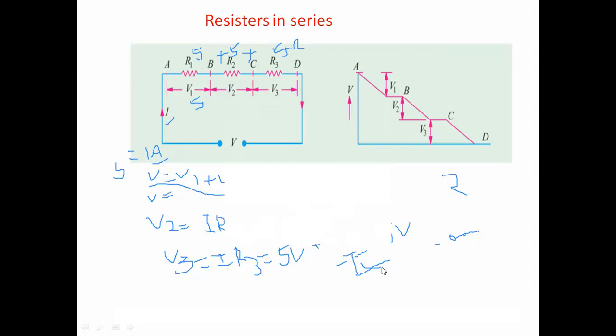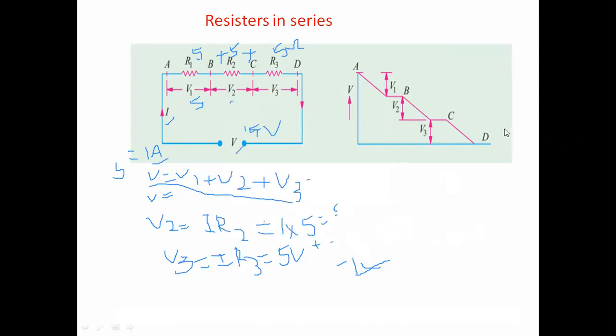Can we change current without changing voltage? Another question is, can we change current without changing voltage? We cannot change the current without changing the voltage. With this voltage we will get some current.